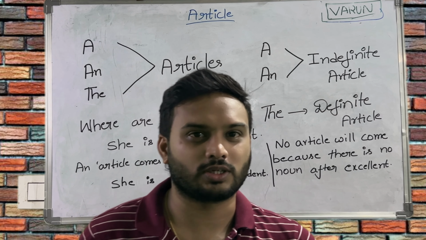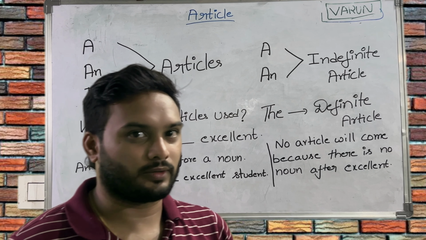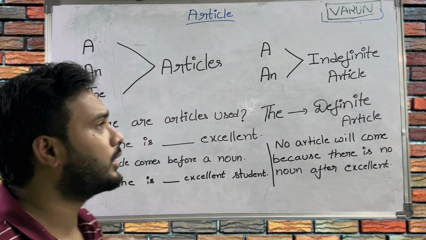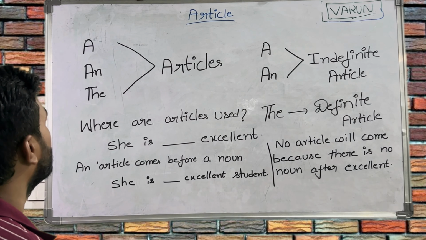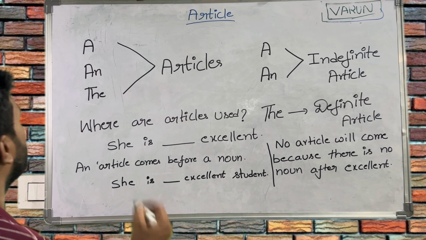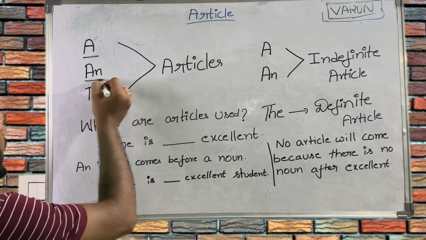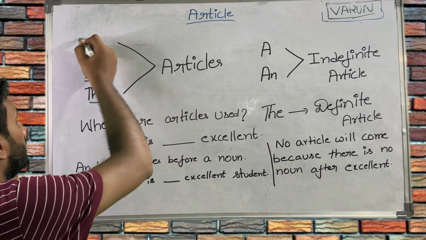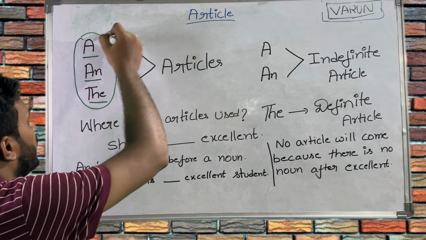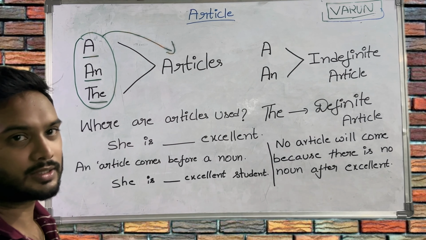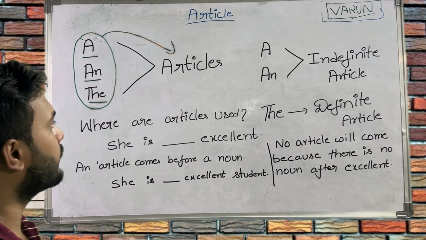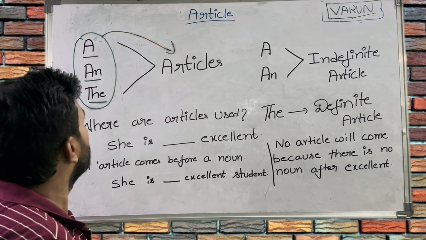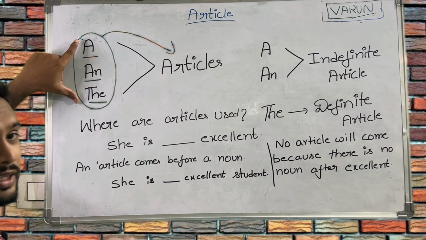Today we are going to discuss a topic: articles. Let's go into the topic. Here you can see a, an, and the. These are articles, and we have three articles here.